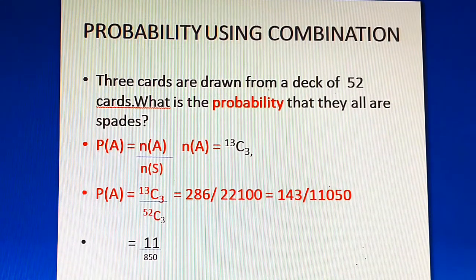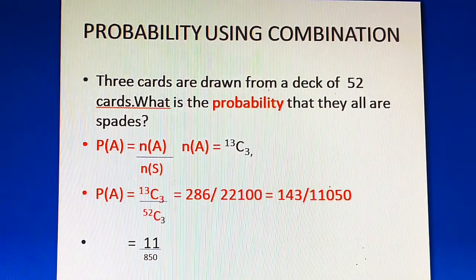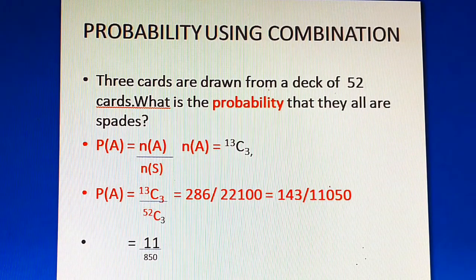And then example 7. In example 6, you can use probability using combination, or directly you can take page number 1830, and in that also you can do problems. On page number 1829, problem number 18, example 18, you can do it.